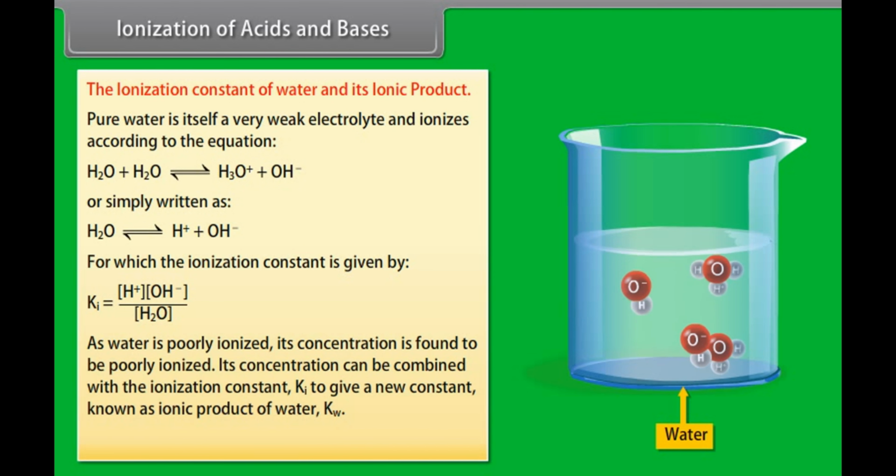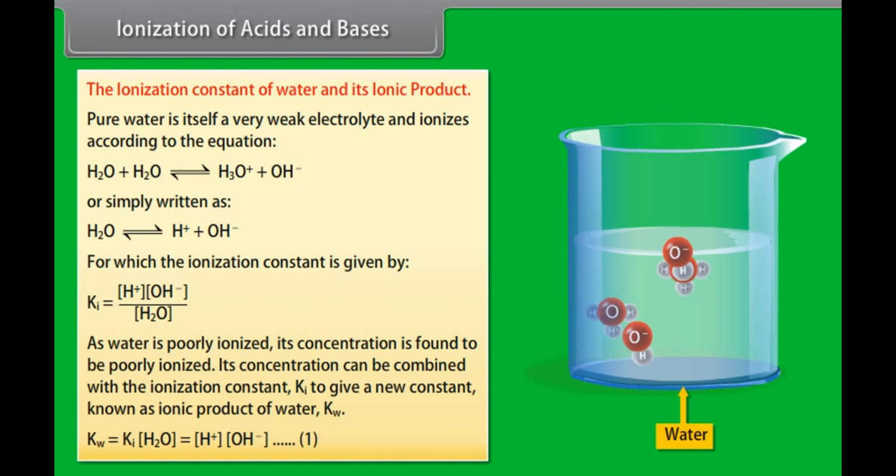As water is poorly ionized, its concentration is found to be constant. Its concentration can be combined with the ionization constant, Ki, to give a new constant, known as the ionic product of water, Kw. Name it as equation 1.